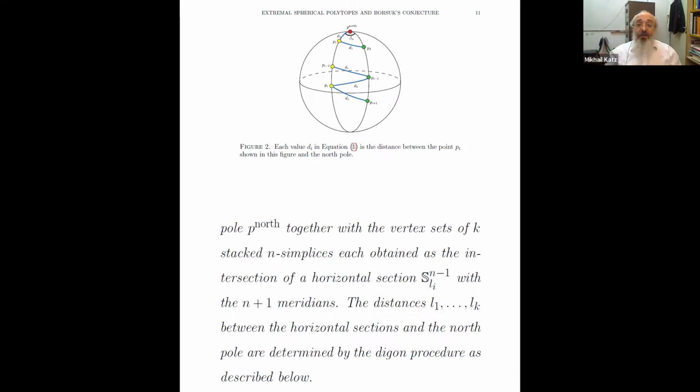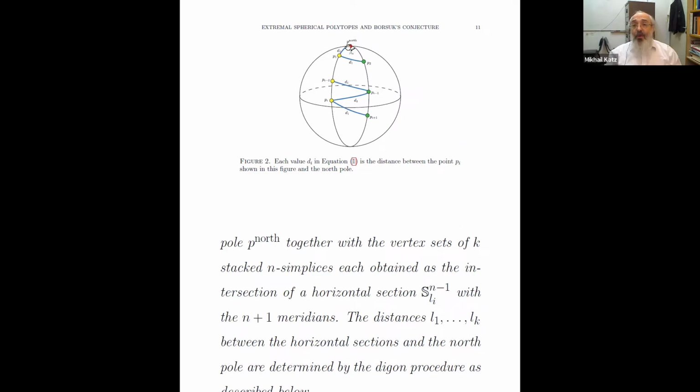And then what you get is a configuration we call a stack, which consists of the North Pole, which is included, and also at K levels, for a fixed number K, you have K configurations Y prime. There are K triangles stacked parallel to each other, or in high-dimensional spheres, you get simplices. Let's just take the simple case of the 2-sphere. Then you get K triangles that are stacked.